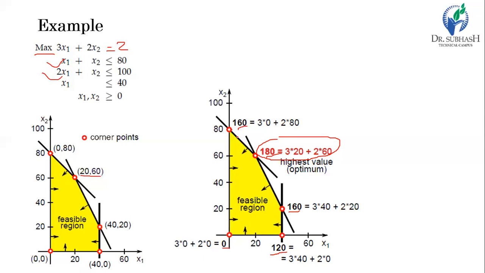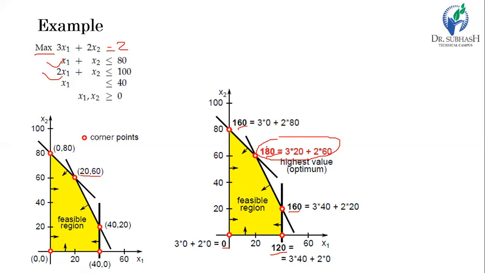So we get five points on the feasible region, the extreme points, and we calculated the value of z at each and every point. After calculating the values of z, we selected the maximum value, as per the given condition of the objective function.